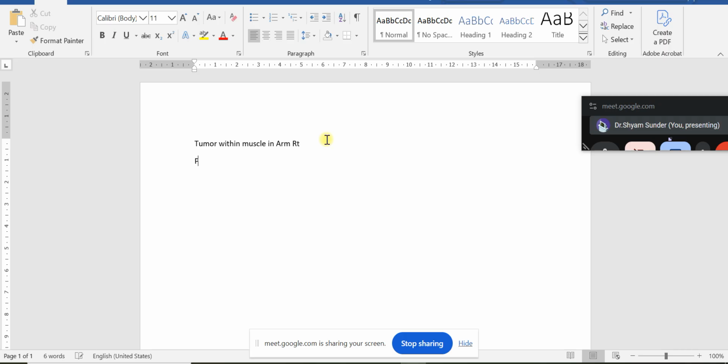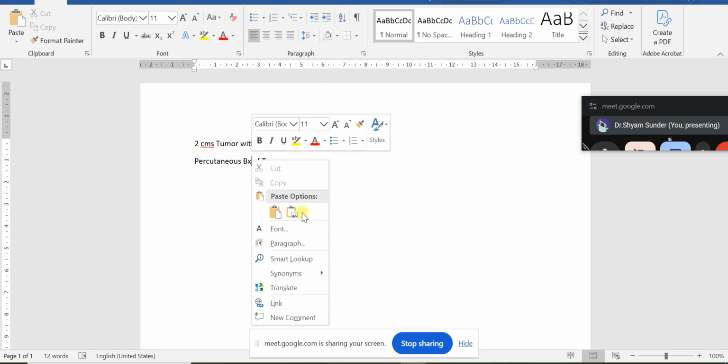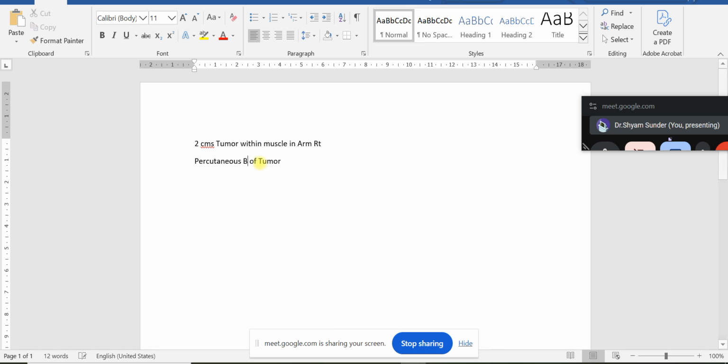So what is done is a percutaneous biopsy of the tumor. Whenever you talk about the tumor, you should also talk about the size. What is the size? Let us say this is a 2 centimeter tumor. Percutaneous biopsy of the tumor. Let me put it here clearly. BX means biopsy. So we have to find the CPT code. Can you try to find the CPT code for percutaneous biopsy of the tumor, arm region?